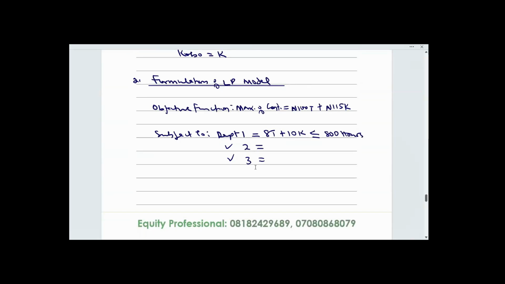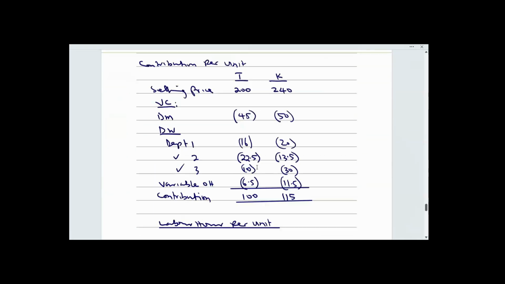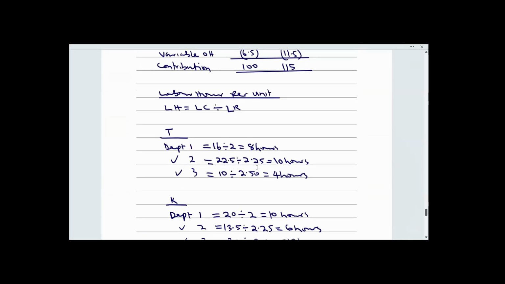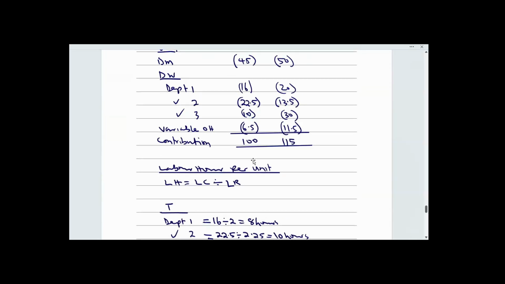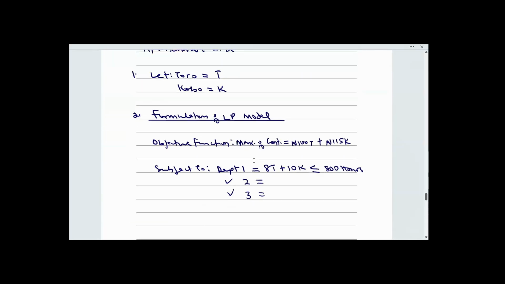Then for Department 2, hours per unit is 10 for T, then 6 for K. 10T plus 6K less than or equal to 600 hours.